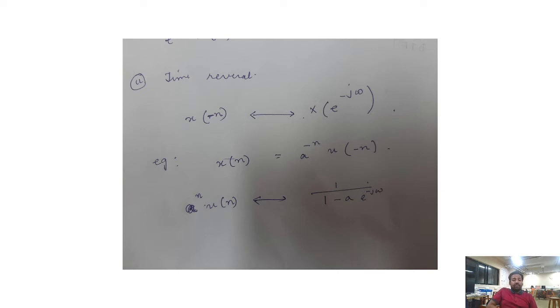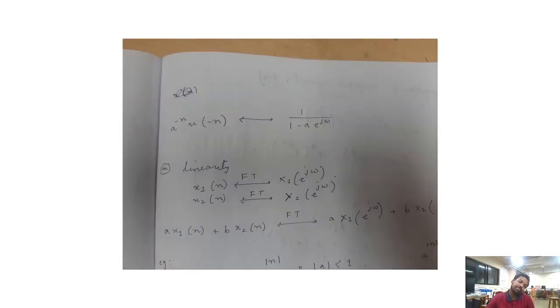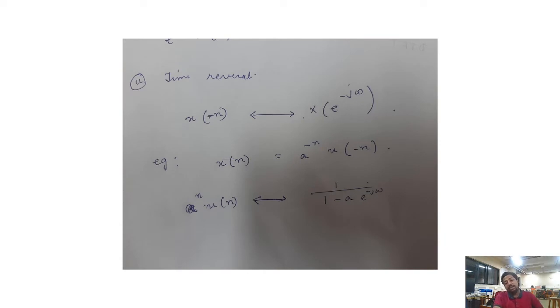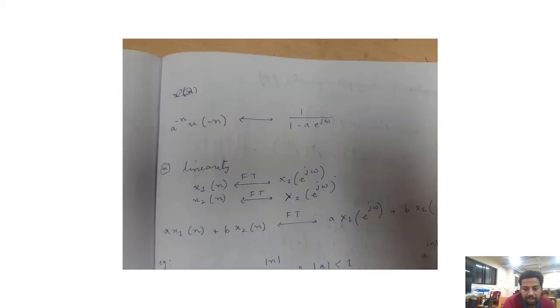So the Fourier transform for this signal, a to the power of minus n u of minus n, is 1 divided by 1 minus a into e to the power of j omega. So this is the Fourier transform for this, and that is the Fourier transform of a to the power of n u of n. So the next property is linearity.